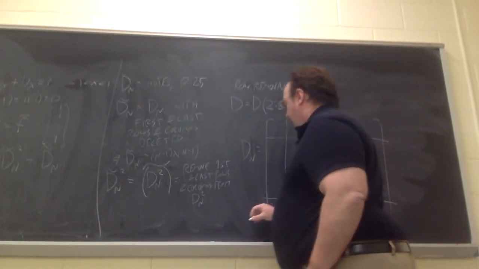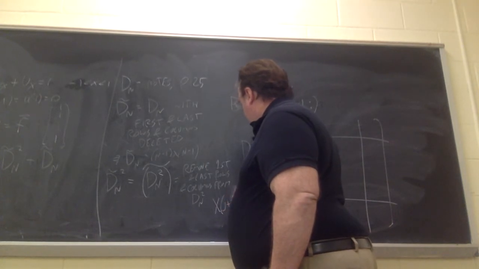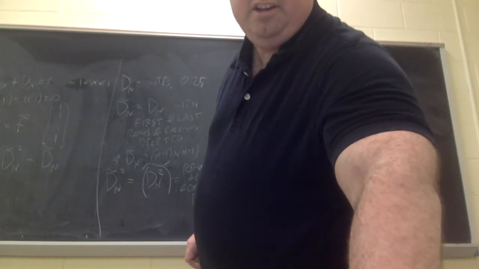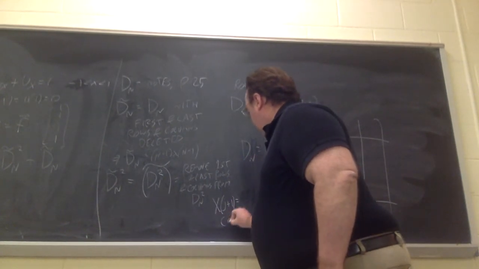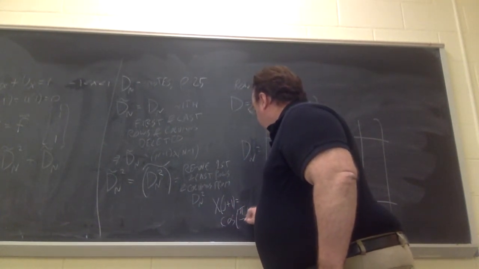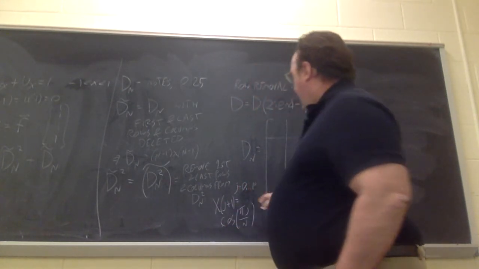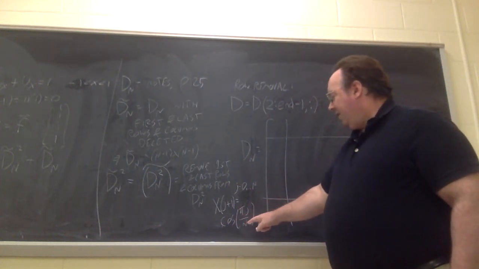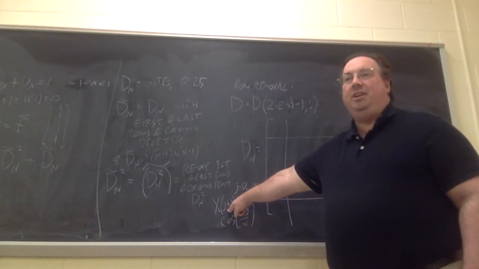So x sub j plus 1 would be equal to cosine of pi j over n, and j goes from 0 to n. Now, here's what's inconvenient about MATLAB indexing: MATLAB indices have to start at 1. So that's why I have a j plus 1 here.